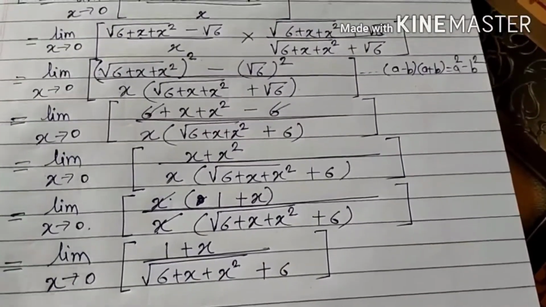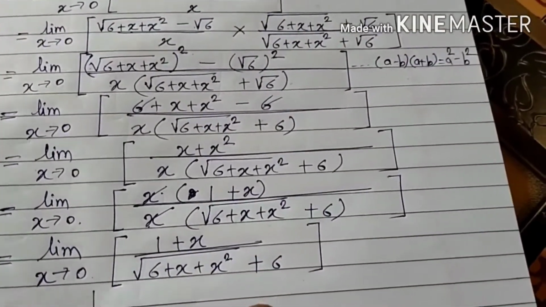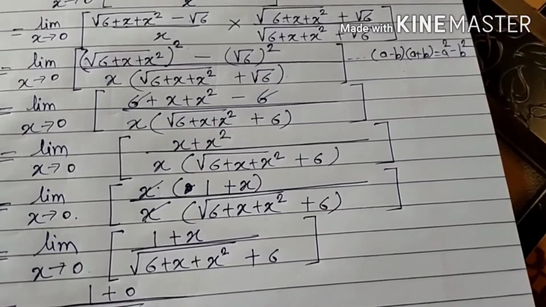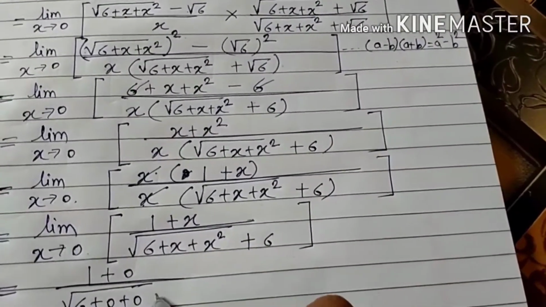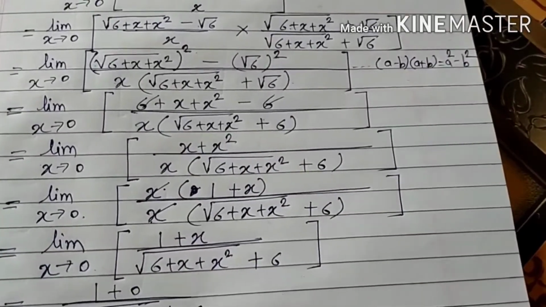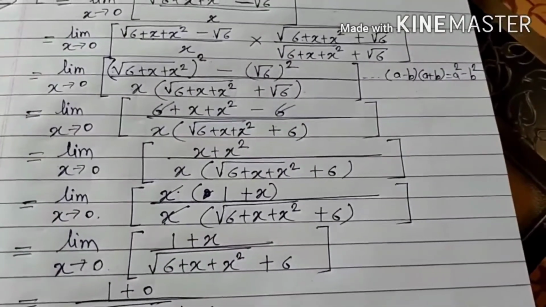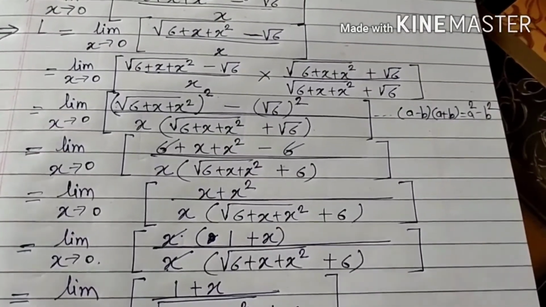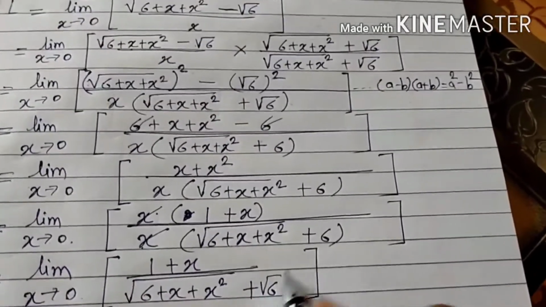Now you can apply the limit. X tends to 0. So here 1 plus 0, upon root of 6 plus 0 plus root of 6. 0 square is 0, and this is your 6. Sorry, it is root 6.